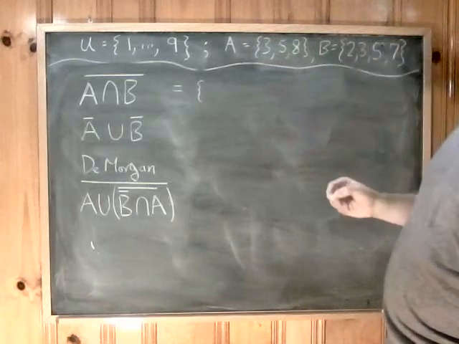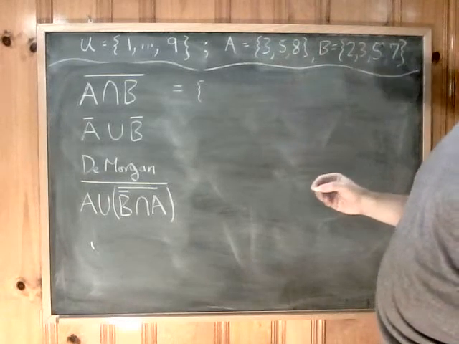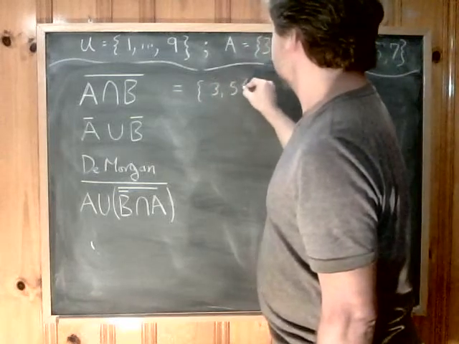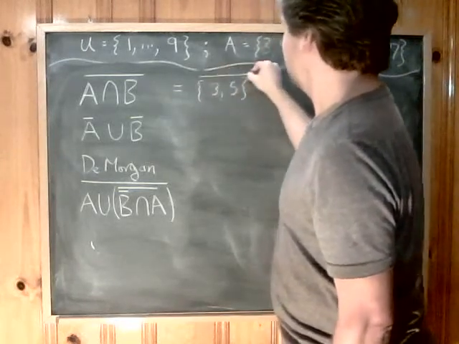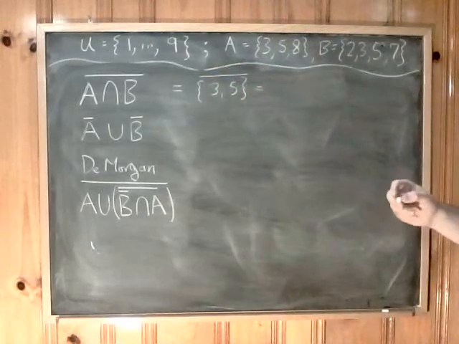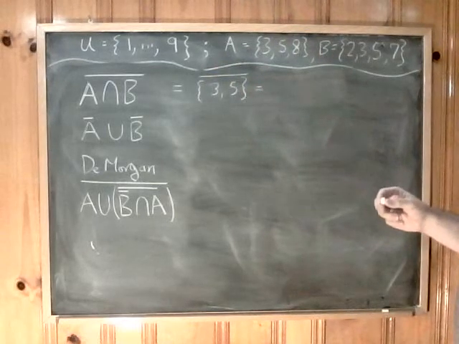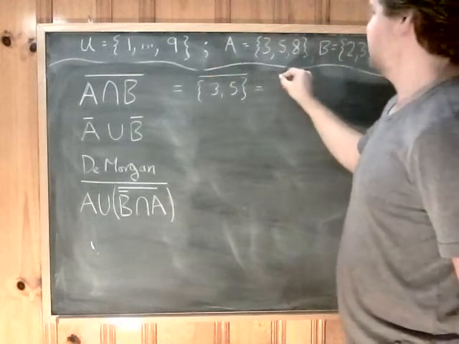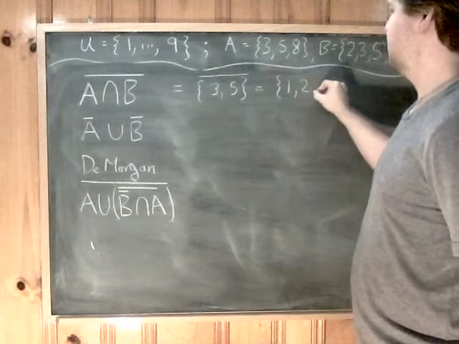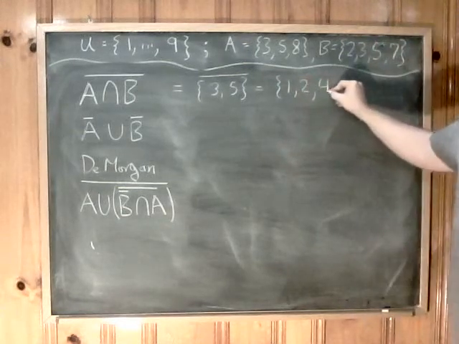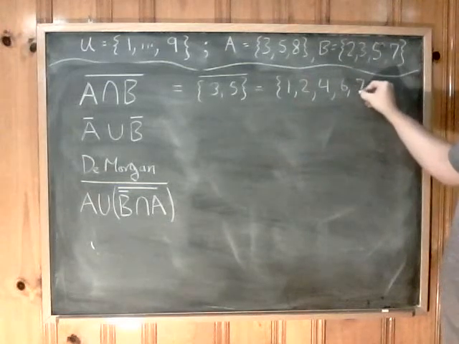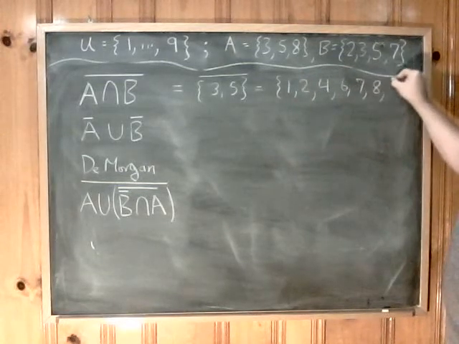The only two things that are in A and in B are 3 and 5. But remember, we still have to take the complement of that. So that means everything that's in U, but not 3 and 5. So 2, 4, 6, 7, 8, and 9.